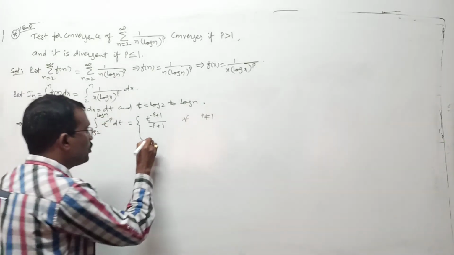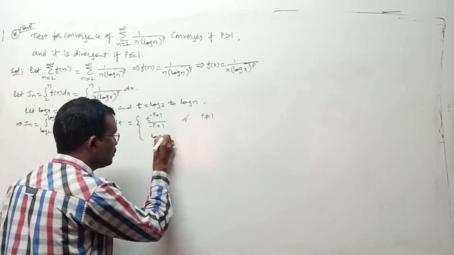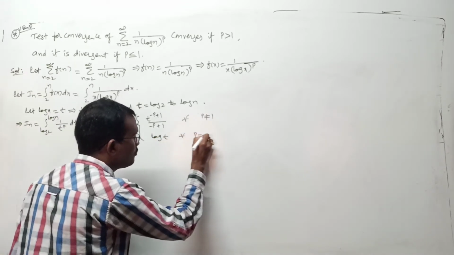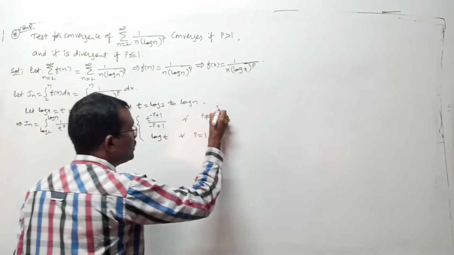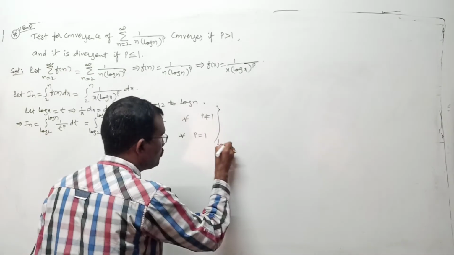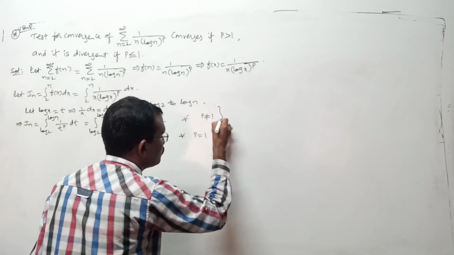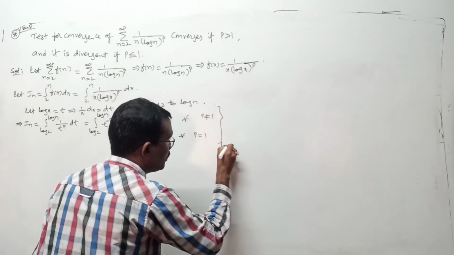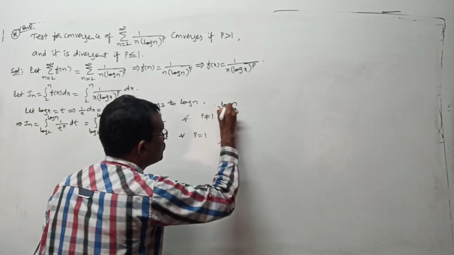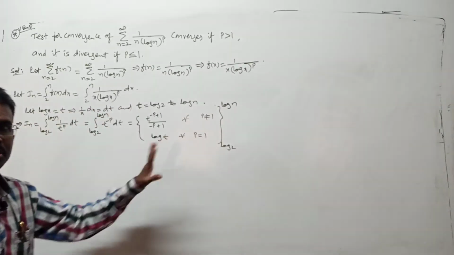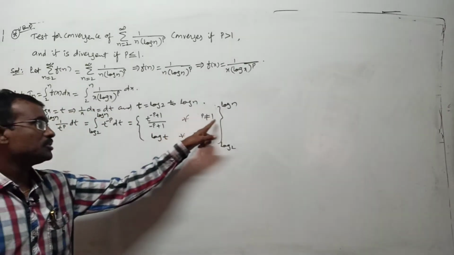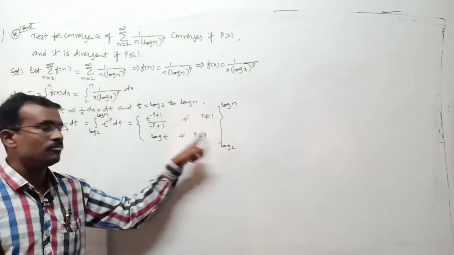Integration of 1 by t is what, ma? Is it log t or not? For p equal to 1, it is log t, within the limits log 2 to log n. These two situations will arise, ma. P not equal to 1 is this, and p equal to 1 is this.